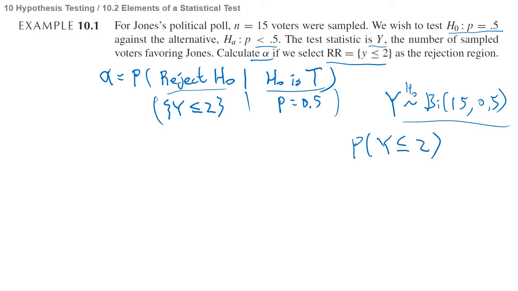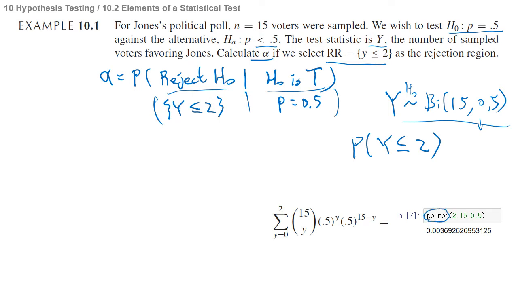To calculate this number, we can use R. To calculate this sum of binomial probabilities, we can use the pbinom function in R, which is the cumulative distribution function of the binomial.